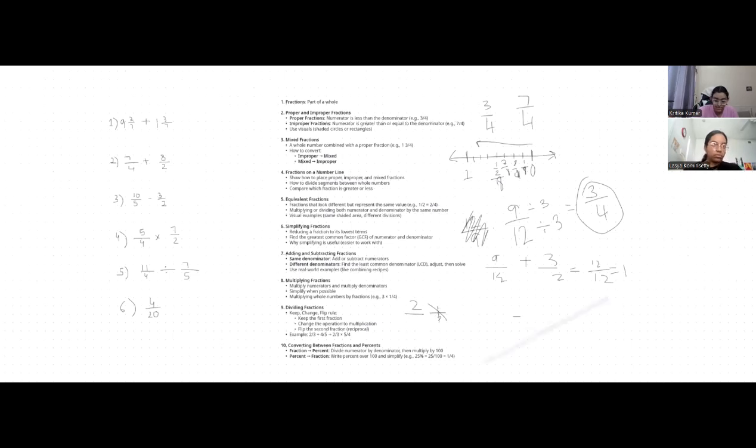If we have a fraction 1 over 4, to make this a percent, all you have to do is divide the numerator by the denominator, which would give us 0.25, and then you multiply that by 100. If you do that, you're going to get 25%.